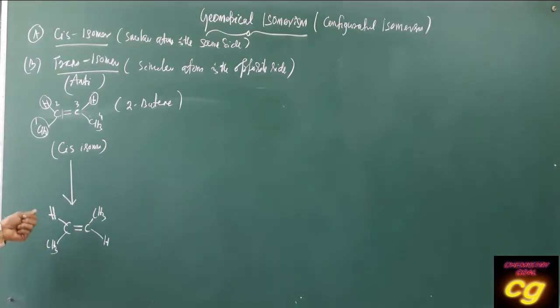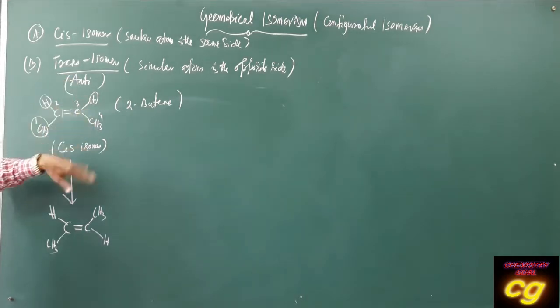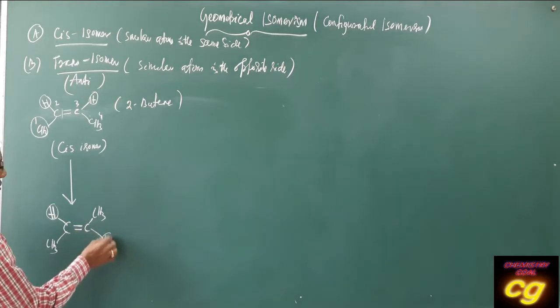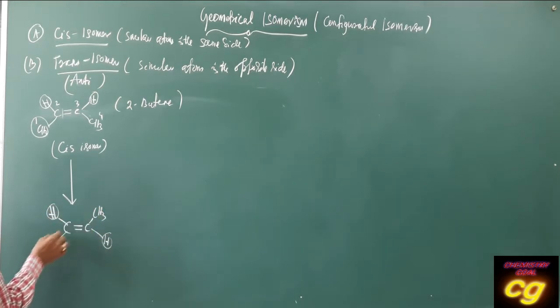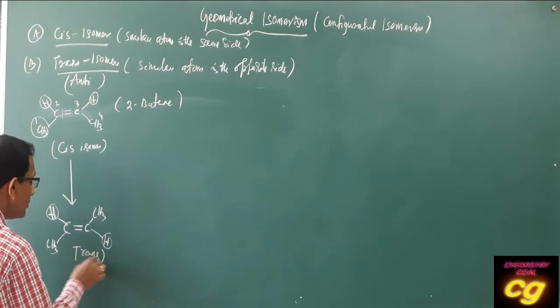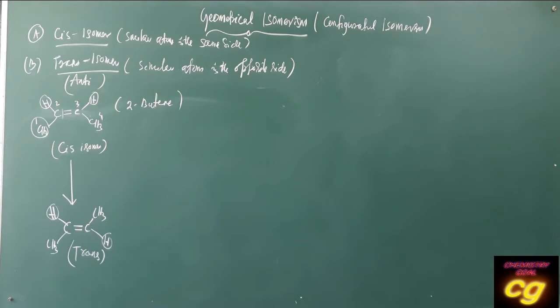So H and CH3 are interchanged, and then the similar groups, hydrogen and methyl, are on opposite sides. That's why it is called trans. So these are the cis isomer and the trans isomer.